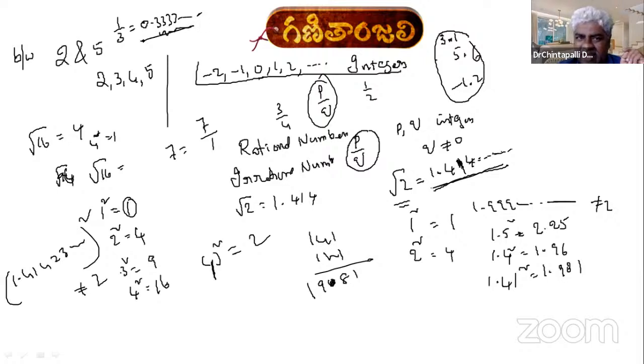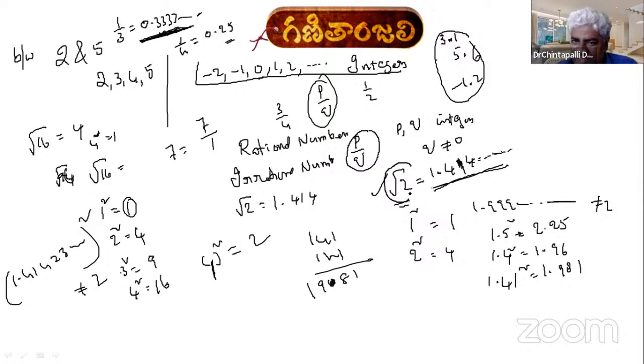It is a recurring fraction; the value repeats 333 like that. If we take the fraction 1 by 4, it is 0.25. It terminates. But this fraction is neither terminating nor recurring.